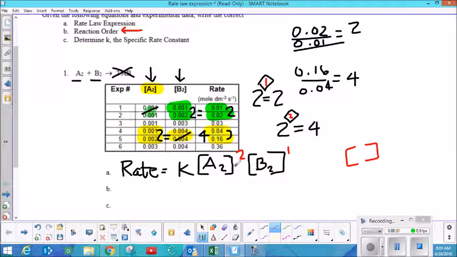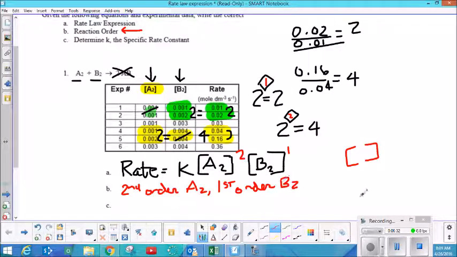So if we want to do a complete listing, and sometimes I just talk about overall, but if you want to do a complete listing, this is second order for A2. This is first order for B2.